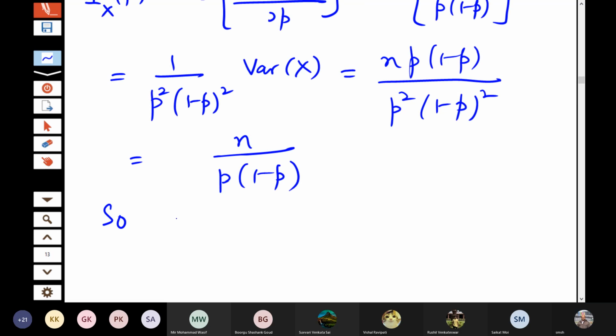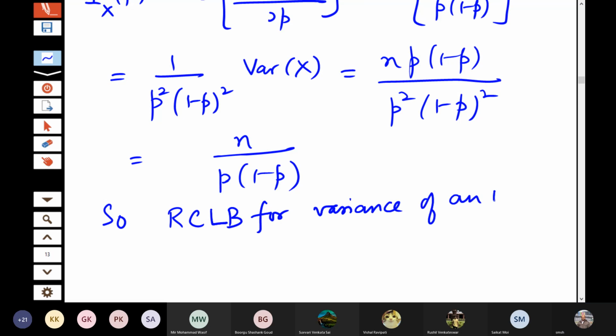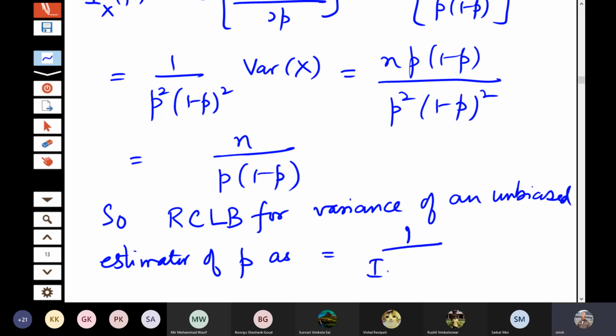So I will write the Cramér-Rao lower bound for the variance of an unbiased estimator of p as 1 by I_X(p).